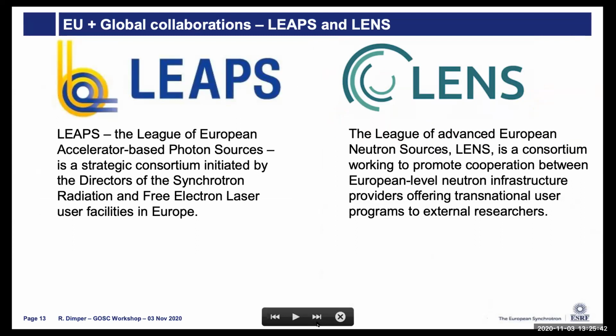Now, coming to how the research infrastructures are organized. Here in Europe, we have 2 leagues, one for the accelerator-based photon sources, another one for the neutron sources, so LEAPS and LENS. So these clubs come together and discuss their priorities. They define work programs, interact with the Commission for funding opportunities, and overall try to do things in a way that not every research infrastructure has to reinvent the wheel.